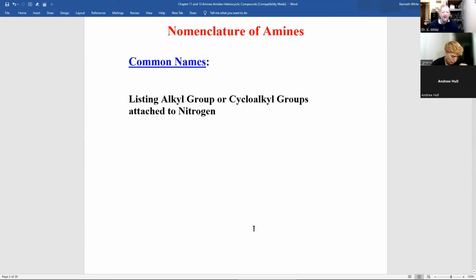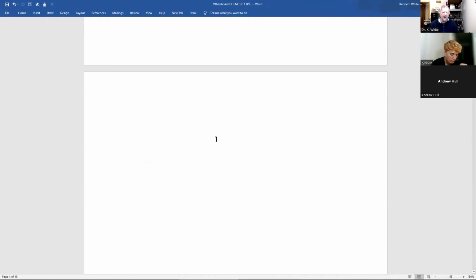All right, now, nomenclature. Good news. If you work in amines, almost nobody uses IUPAC nomenclature. So I'm not going to teach that to you. I'll show it to you, but they do use common names. And how do you do it? I have it here, but let me show you better on the slide. How do you do an amine common name?